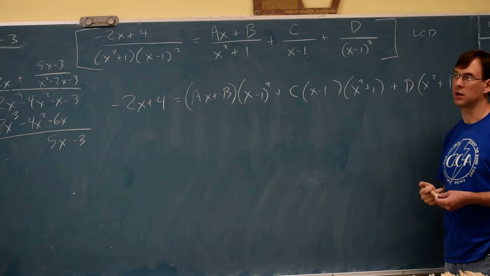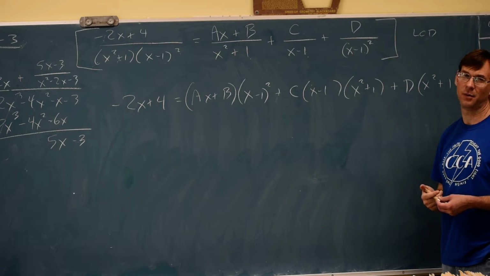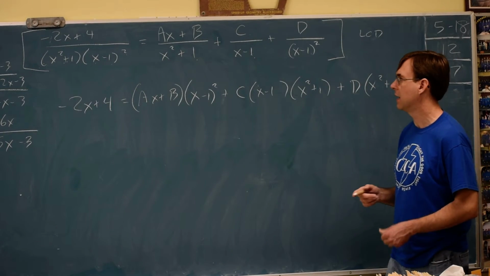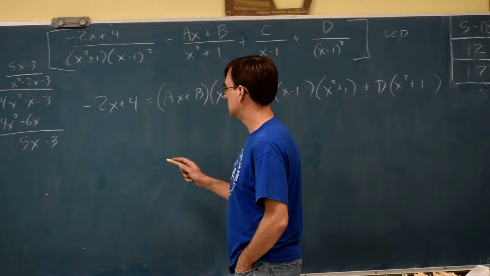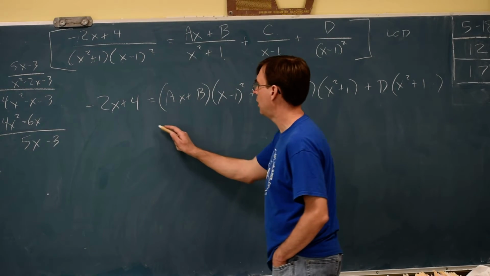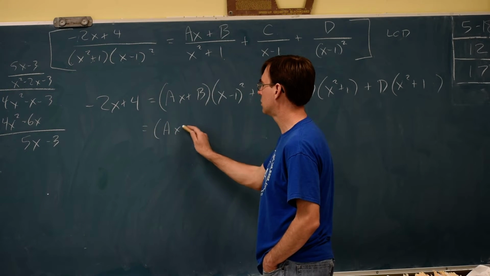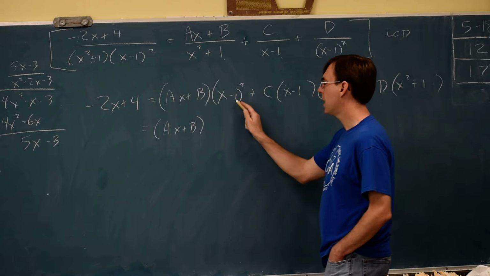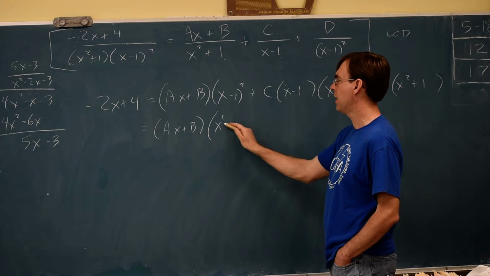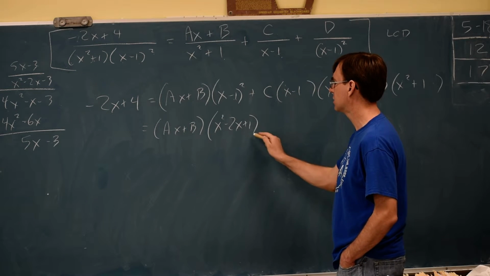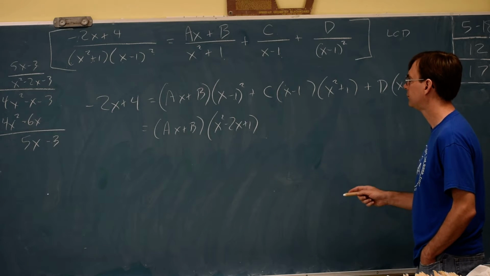A lot of this homework's going to come down to distributing, foiling, that kind of thing. So let's do a little foiling here. If I square out x minus 1 squared, that's x squared minus 2x plus 1.